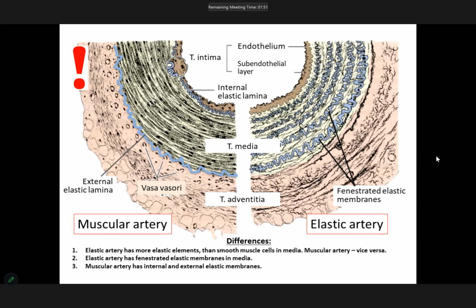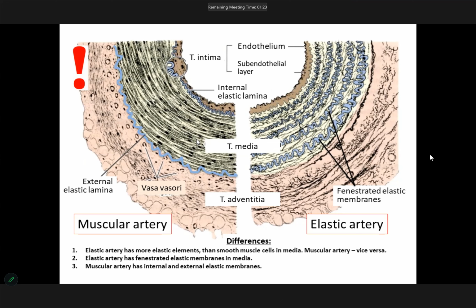And in media, we have a lot of these wavy lines here. These are actually sections through the fenestrated elastic membranes. One membrane, another one, another one, another one. Between them, we will see smooth muscles. They are located between these membranes. So smooth muscles are sandwiched between membranes.